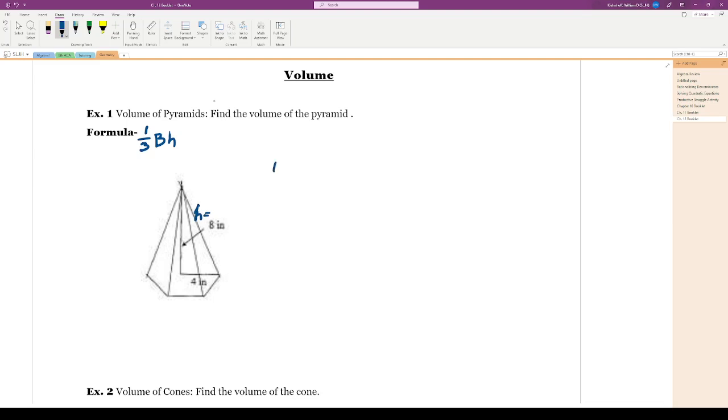So we know that we have 1/3 times 8, and then we need the area of this hexagon. And it's a regular hexagon. We know the radius of it. So we're going to need to find the area based on that radius and the number of sides. So we know n is 6 and the radius is 4.